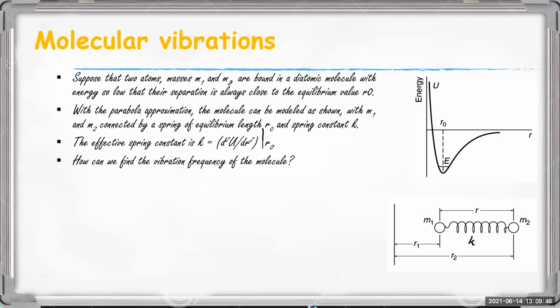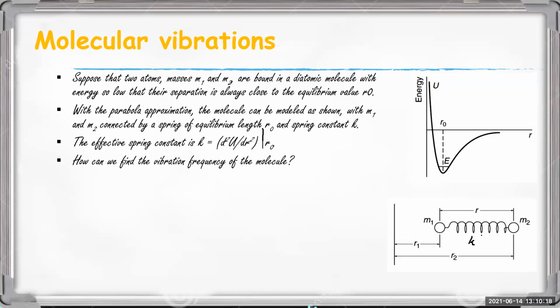To find omega, we have to write the equation of motion of the 2 masses.